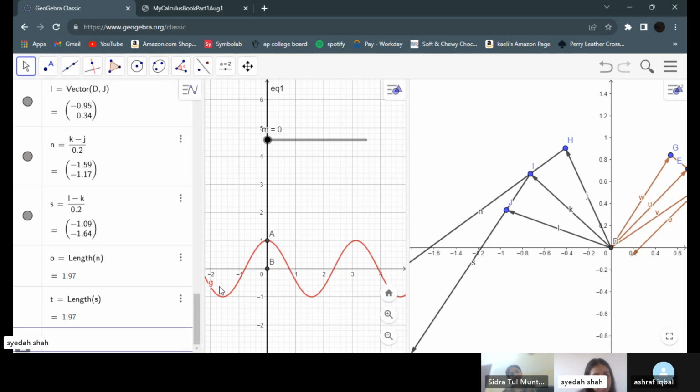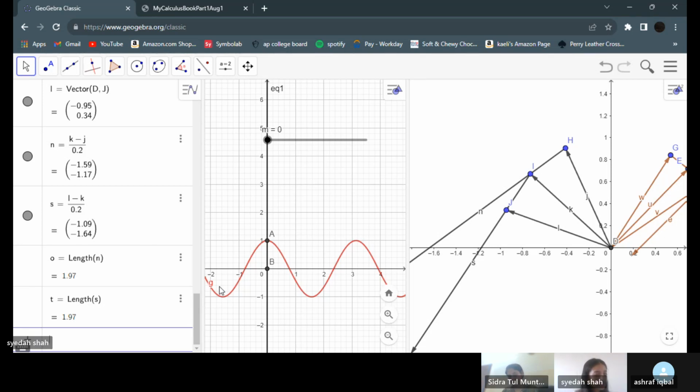If you take one more derivative of 2 cos of 2m, it would become 4 sine of 2m. So the length of the acceleration would be 4.